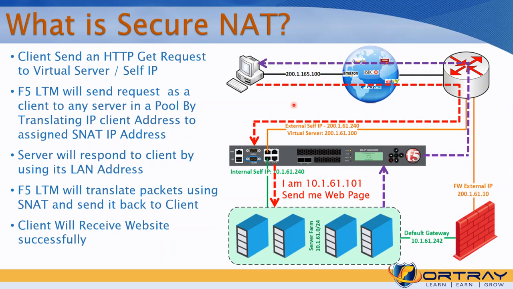In the previous case study we discussed when there was no SNAT. When we implemented SNAT, the request comes in and is coming from 10.1.61.101. The server will respond to 10.1.61.101. The response goes to F5, and F5 will respond back to the client where the request came in, not to the default gateway. That is the only way you can avoid this situation.